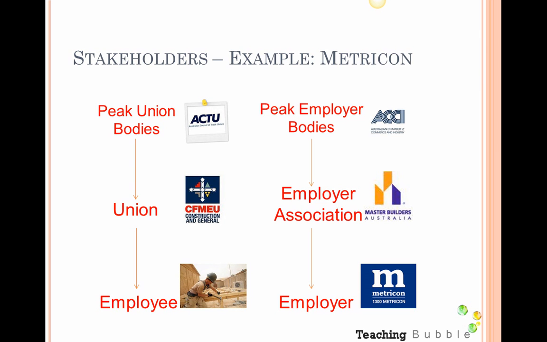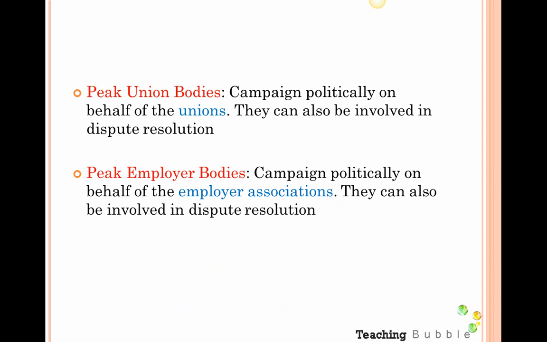So they can represent them, especially when it's in dealings with the government. Peak union bodies campaign politically on behalf of the unions. They can also be involved in dispute resolution if a dispute arises. Peak employer bodies campaign politically on behalf of the employer associations, and they can also be involved in dispute resolution.